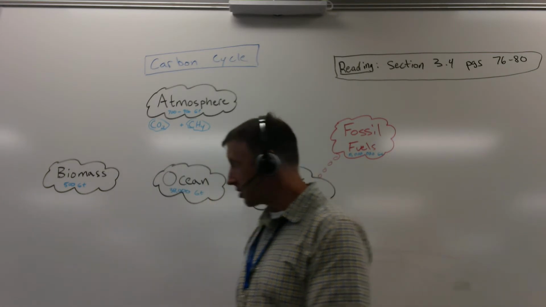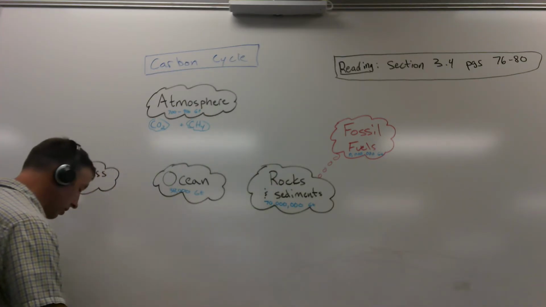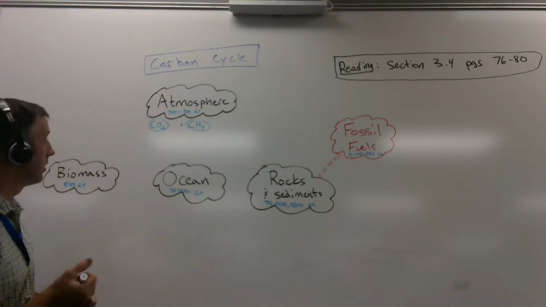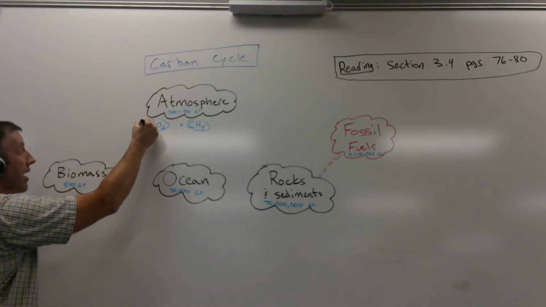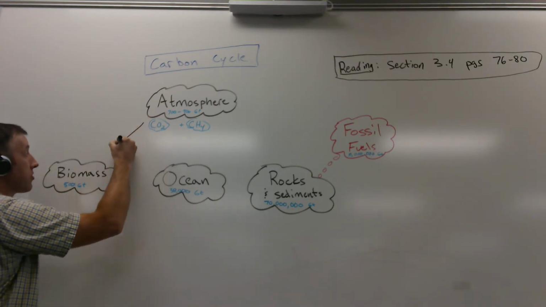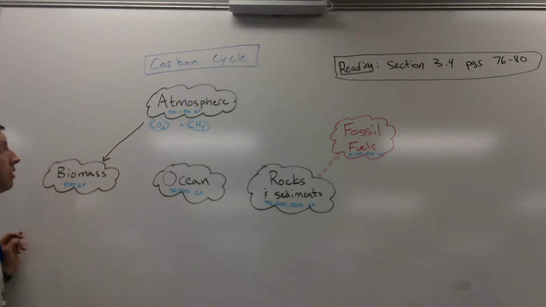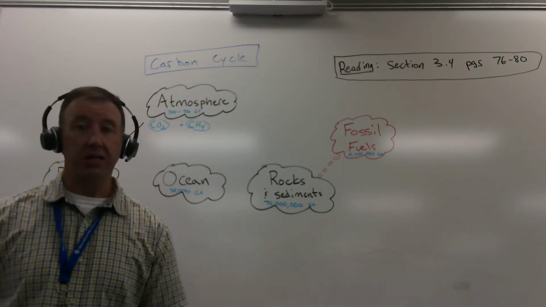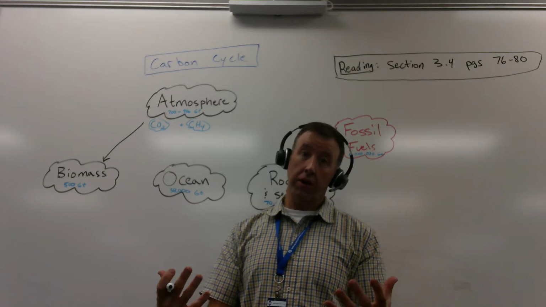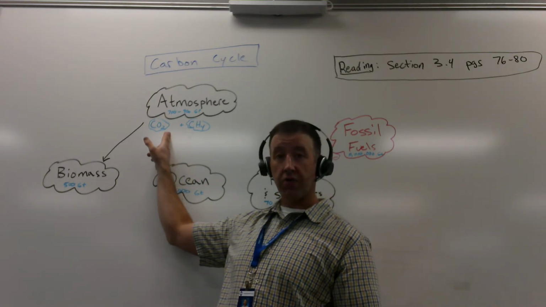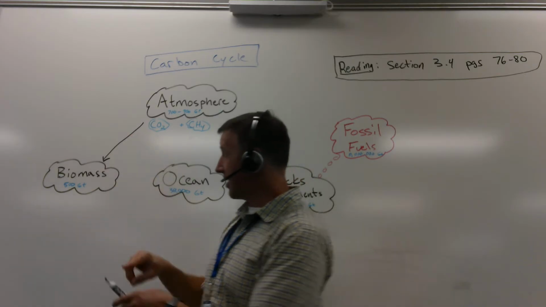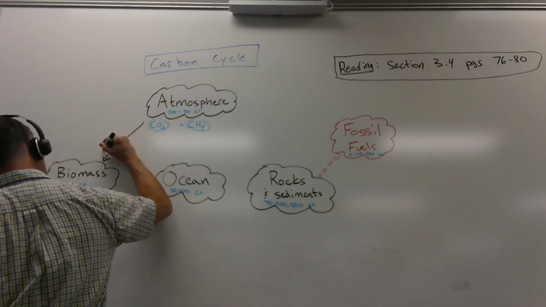One of the things we can link carbon dioxide to is our biomass. So I'm going to draw a nice little black arrow from the atmosphere into our biomass. We should already know at this stage in the game what process moves carbon dioxide from the atmosphere into biomass. And we're going to label that photosynthesis.